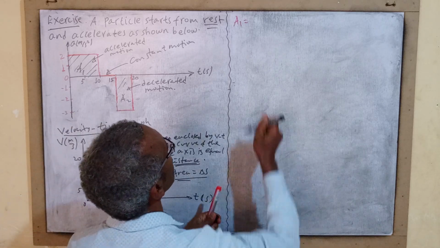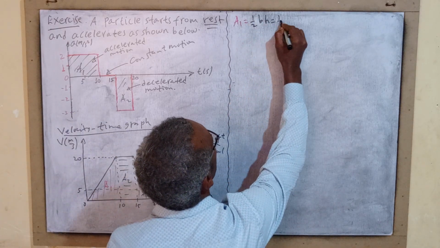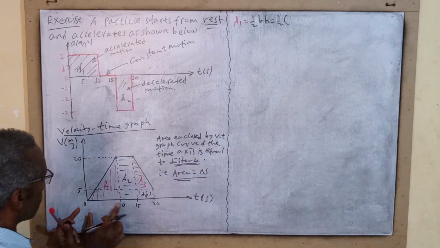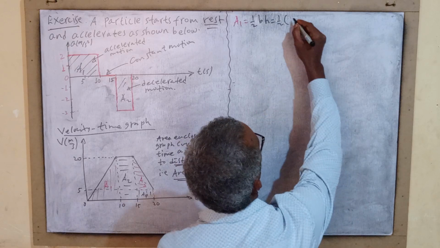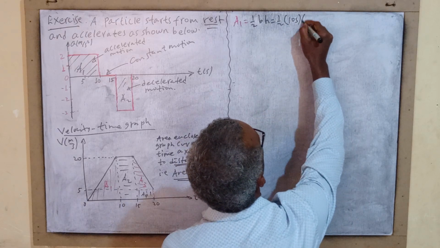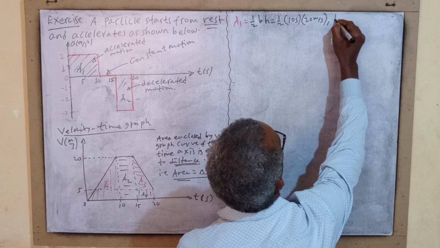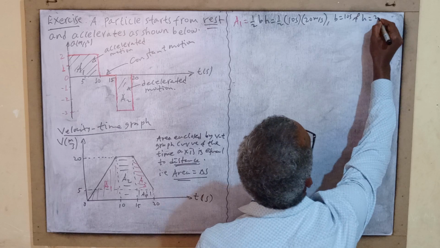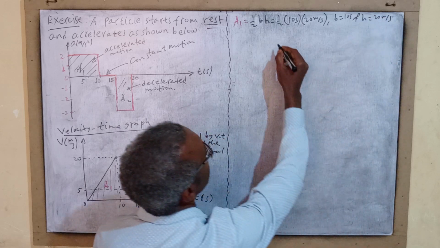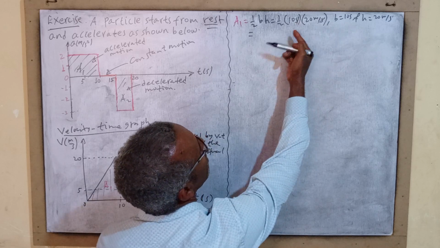Area of a triangle is half times base times height. Half times our base, which is 10 seconds, times our height, which is 20 meters per second. Second goes with second.